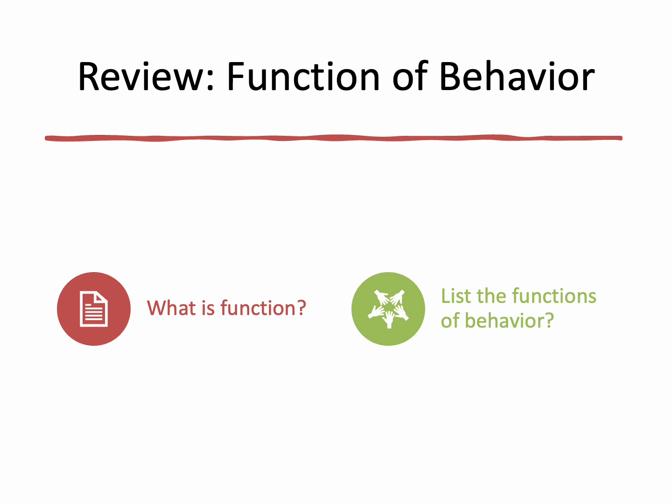This is content that you covered in a previous course, but before we start talking more in depth about function of behavior and assessing function of behavior and all of that, I want to make sure that you know what the function of behavior is. So please take a moment to answer the question, what is function?